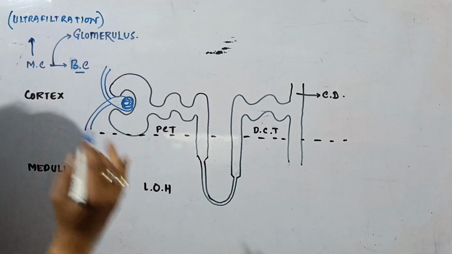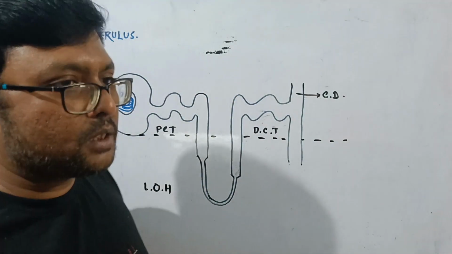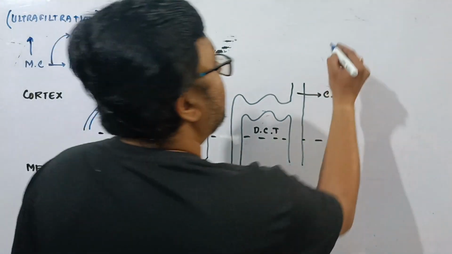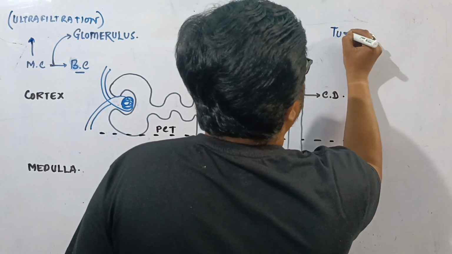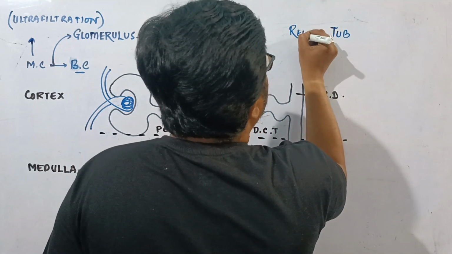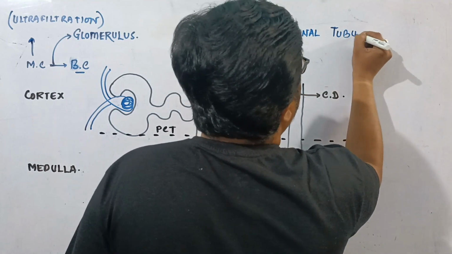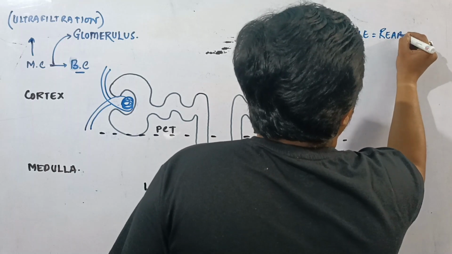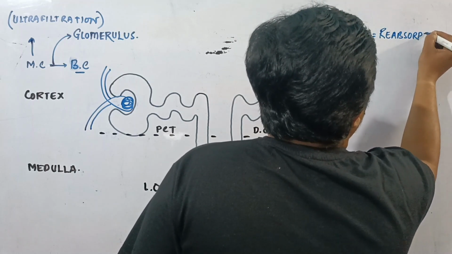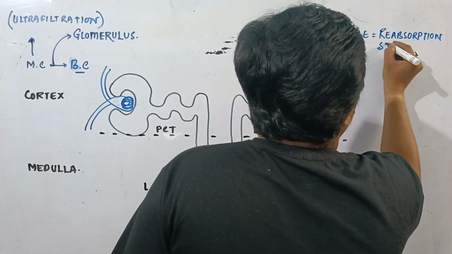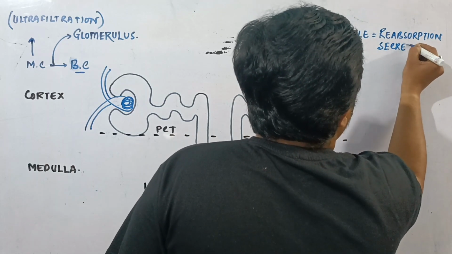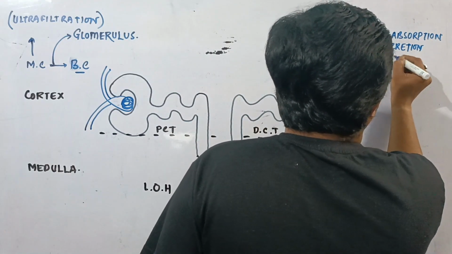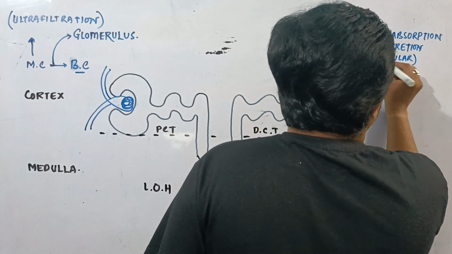And the main function of the renal tubule, as we discussed in our previous class, is that it helps in reabsorption, and it also helps in secretion. This is also known as tubular secretion.